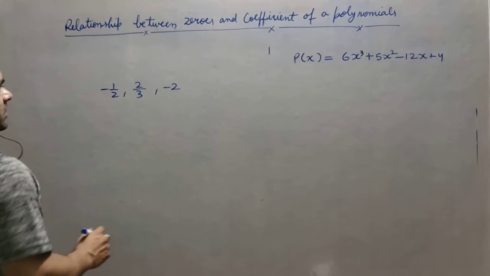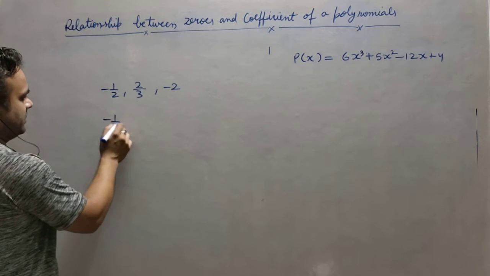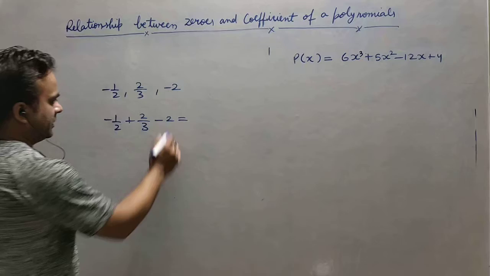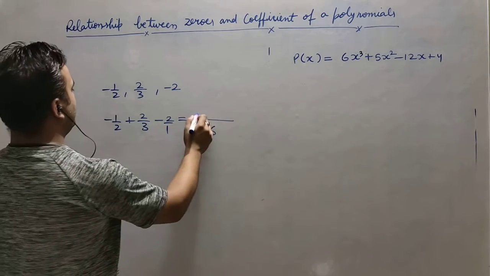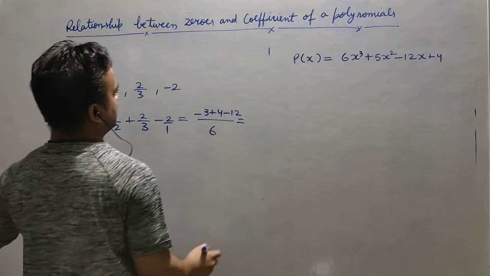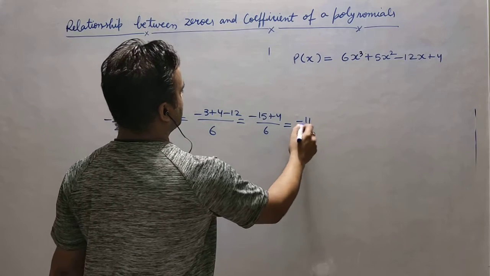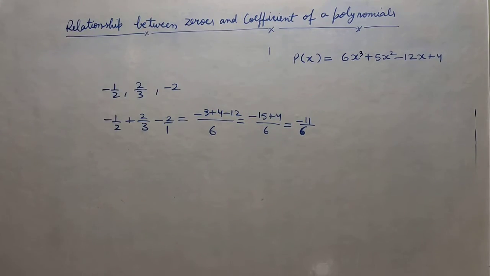So again, as in quadratic, we have done the sum, here also we will do the sum of these. So what will we get here? 6 is the LCM. Now it will be minus 3 plus 4 minus 12. So it will be minus 15 plus 4. It is minus 11 upon 6, right? Minus 11 upon 6. Is it correct? Please check.